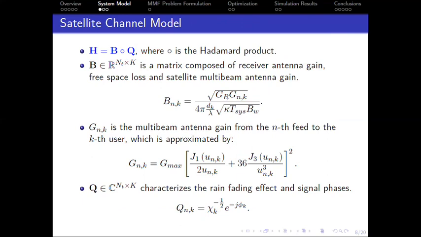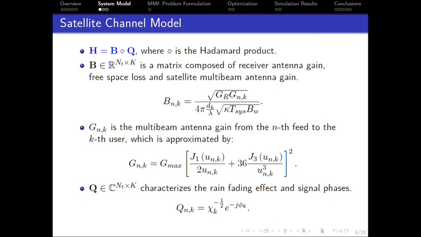Then let's see the system model. We consider a Ka-band system with a single geostationary orbit satellite serving multiple single-antenna users. A single-feed-per-beam architecture is employed in this system. The downlink channel matrix between the satellite and terrestrial users can be denoted by H. V is a matrix composed of receiver antenna gain, free space loss, and satellite multibeam antenna gain.